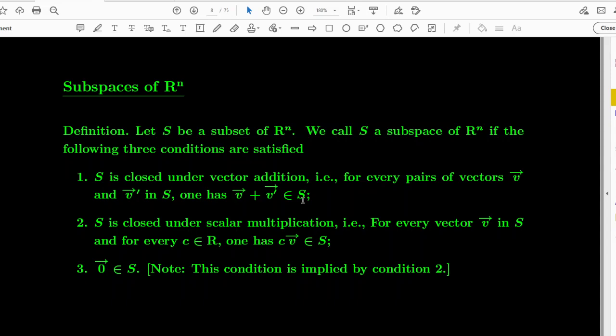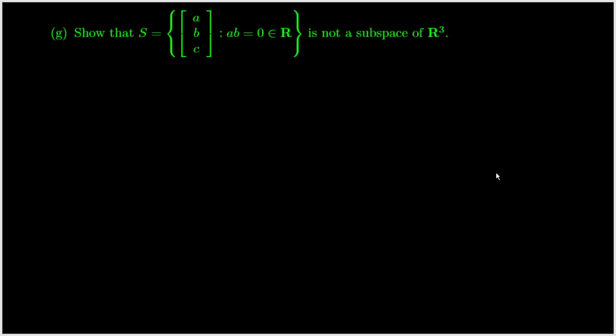To show S is not closed under vector addition, you do not choose two arbitrary vectors. You choose two particular vectors in S, and then you want to show the sum of the two particular vectors is not in S.